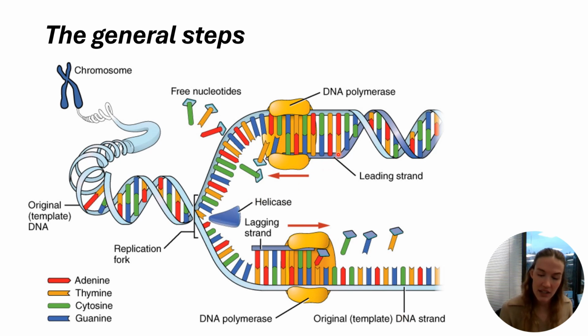I need to have something that is going to add new bases and new nucleotides. I need something to make sure that it doesn't close back up. I know that I'm going to need something that's going to glue it all back together. All of these things are generally, and hopefully it just sort of makes sense logically that would happen, but we're going to talk about it a little more specifically.